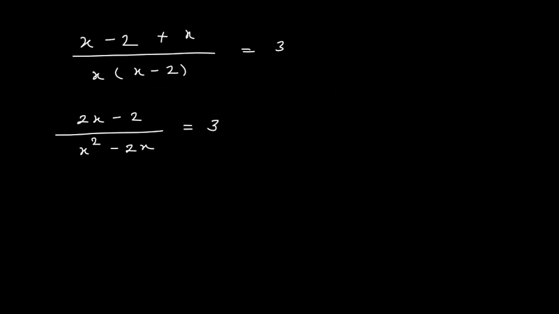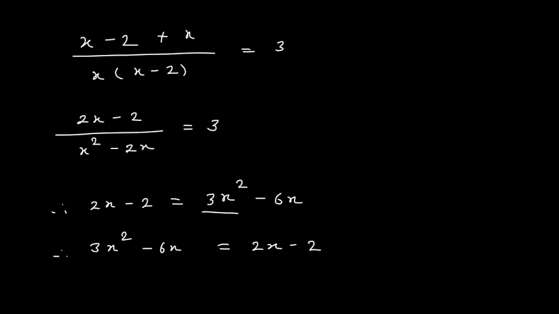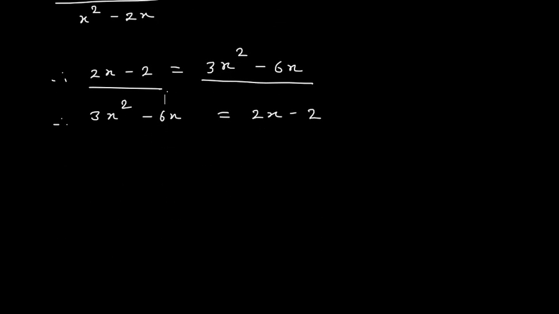Okay, so here therefore we will say that 2x minus 2 is equal to 3x square minus 6x. So we can say that 3x square minus 6x is equal to 2x minus 2. You can write all right terms to the left and left terms to the right, right? So here now we have 3x square, this is minus 6x, and this is minus 2x.